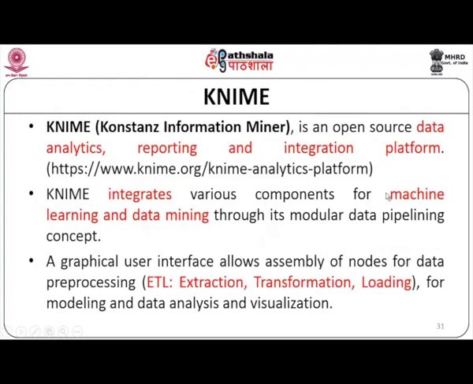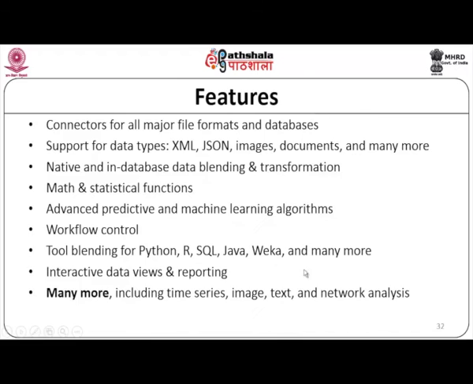KNIME, that is Konstanz Information Miner, is another open source data analytic reporting and integration platform. It integrates machine learning as well as data mining algorithms, but in majority this KNIME tool supports extract, transform, load. It supports data types like XML, JSON, images, and documents, therefore it can be used for any type of input data.